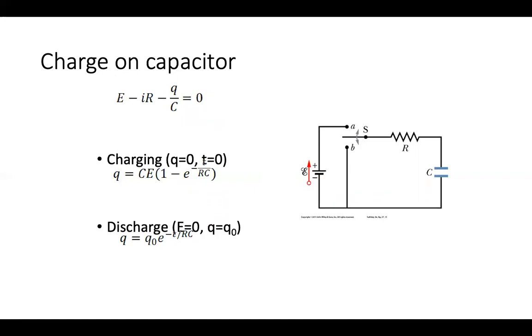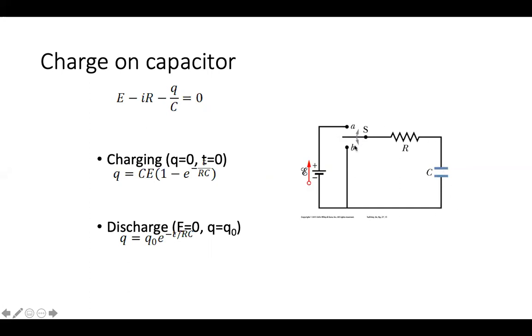Now, what if we remove the battery? Instead, put the switch on point B. In that case, this capacitor is charged, positive on top, negative at the bottom. There's a voltage, or in other words, a potential difference. And that potential difference will drive the current to flow in this circuit, going out from the higher potential back to the lower potential.